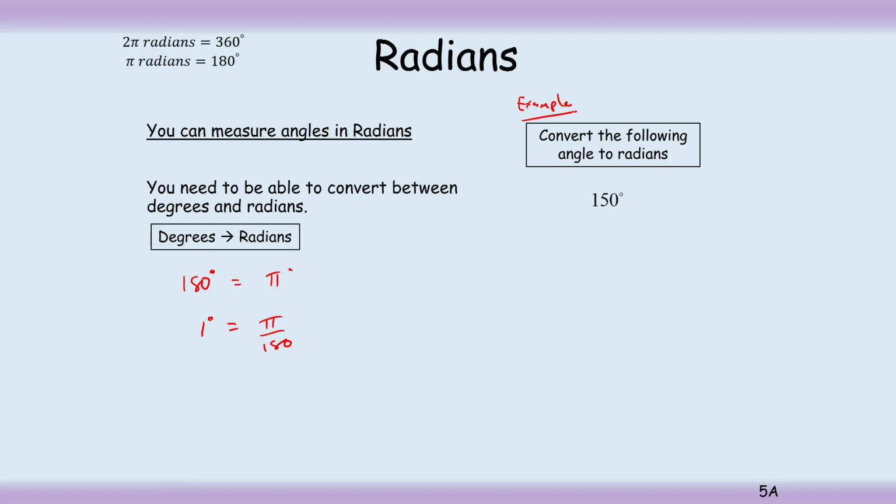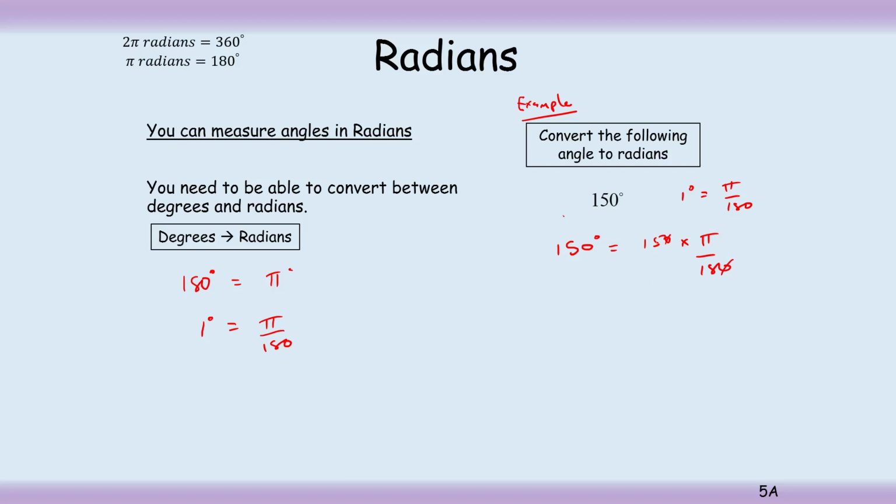150 degrees. Well, if 1 degree is equal to pi divided by 180, 150 is going to be equal to 150 times pi over 180. The zeros cancel.